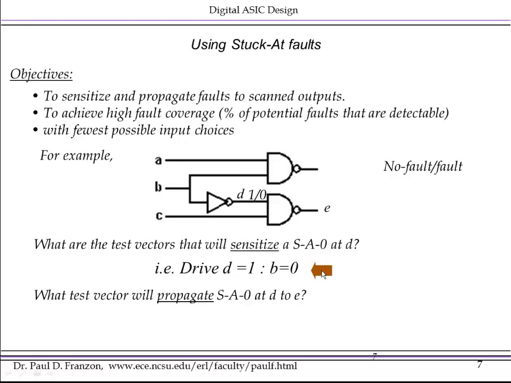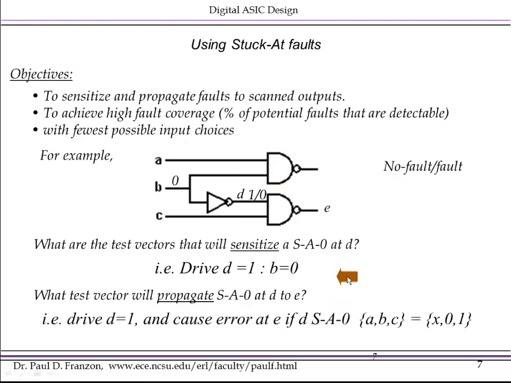We then have to propagate the existence of this fault to E. So we need a test vector that will produce an error at E if D is faulty. So we want an error at E if D is actually 0 instead of 1. To do this, C has to be 1.